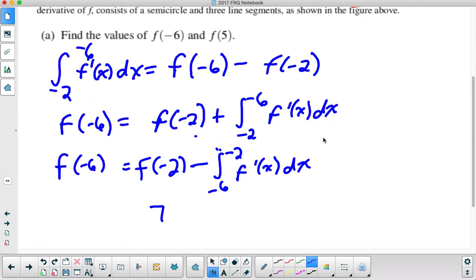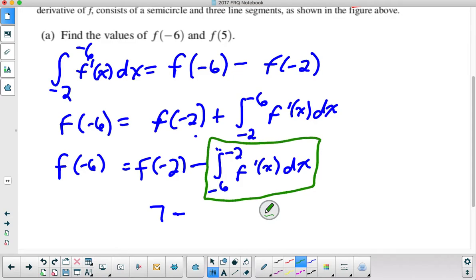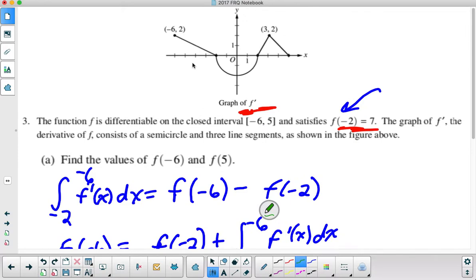The second part, after this minus sign, all of this that I'm going to put in the box in green, this integral, remember, is just finding the area under the curve. So from -6 to -2, let me scroll back up here, this area right here is just a triangle.